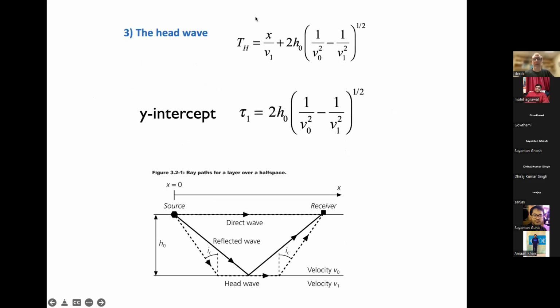And finally, we will have a head wave, and the head wave will have this velocity here. We will note that only one component varies with distance, and that's going to have a 1 over v1, or 1 over velocity of layer 1 dependence. So if we can calculate the slope of the travel time versus distance, we can get the velocity of layer 1.